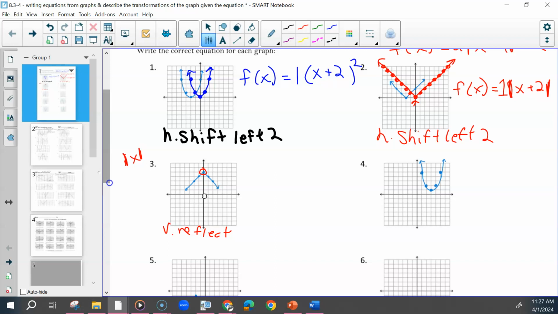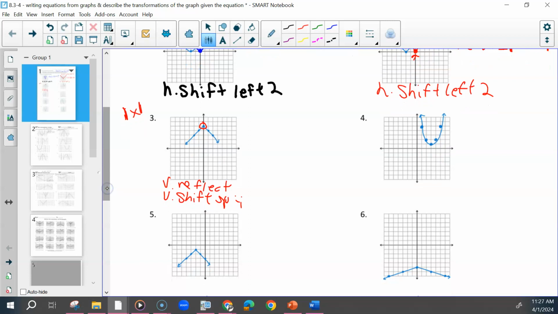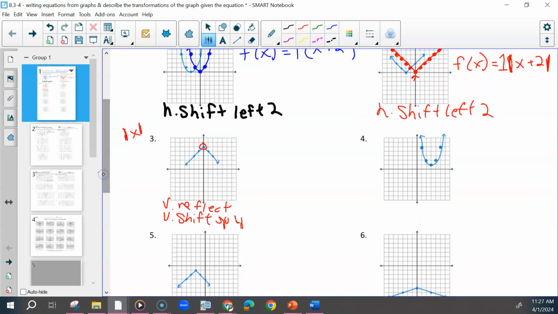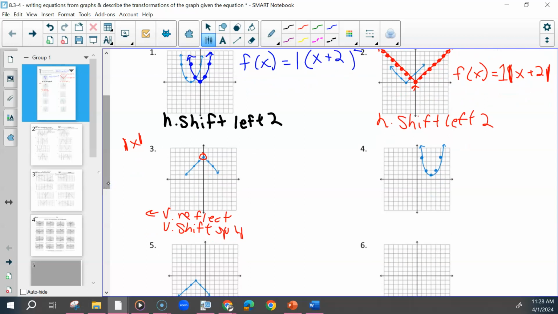But then it also moved upward. So we're gonna check ourselves in the calculator after we do this. But we have 2 things that are vertical. So that's gonna be something that changes your A value. Your vertical reflection is gonna be something that changes your A value. The vertical shift up 4 is gonna be something that changes your K value.